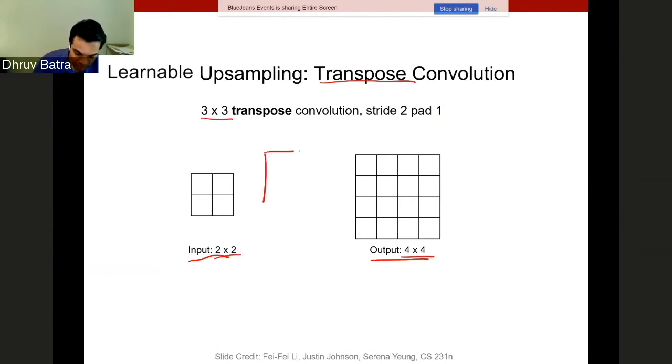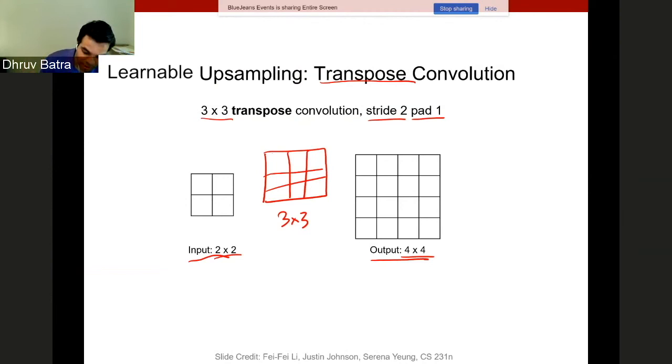There is still a 3 by 3 filter, a matrix 3 by 3. We can still have a notion of padding, we can still have a notion of stride, but the important thing is that we do not place the filter on the input, we place the filter on the output. And that seems weird. Wait, what does that mean? Why are we placing the filter on the output?